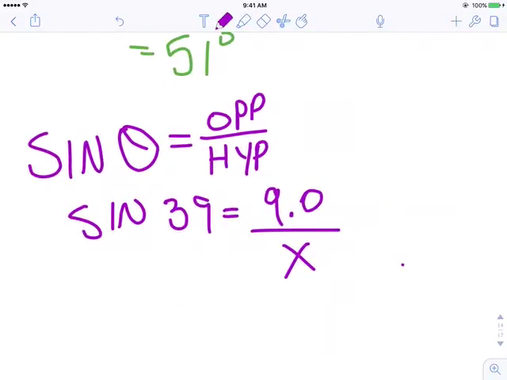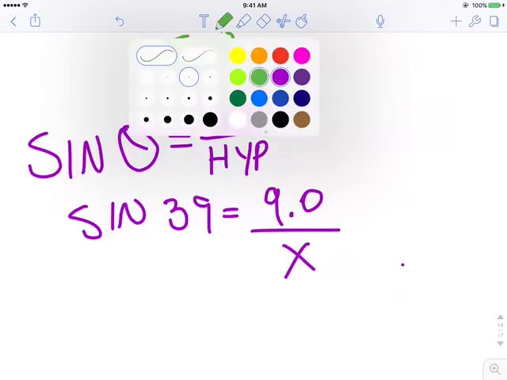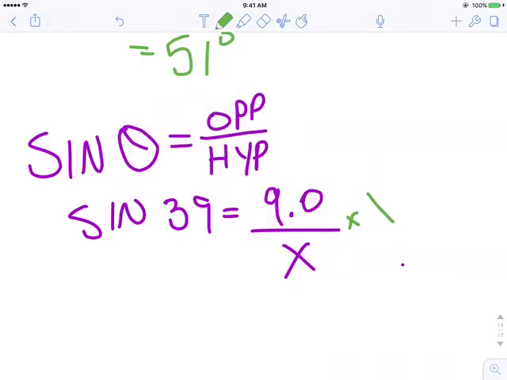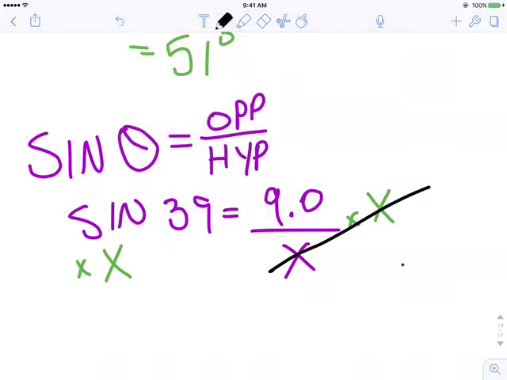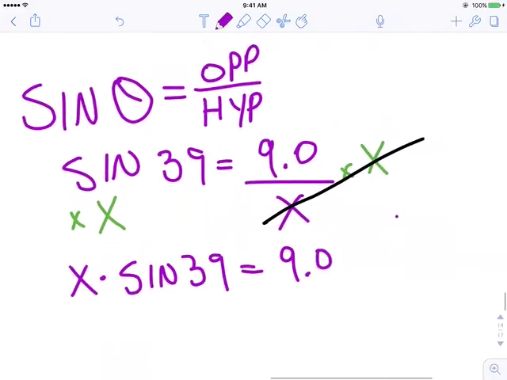Because x is on the bottom of that fraction, or the denominator, I need to multiply by x to move it from that side. I'll multiply this side by x to move it to this side. What happens on the right-hand side is that those x's cancel, and I'm left with x times the sine of 39 degrees is equal to 9.0.